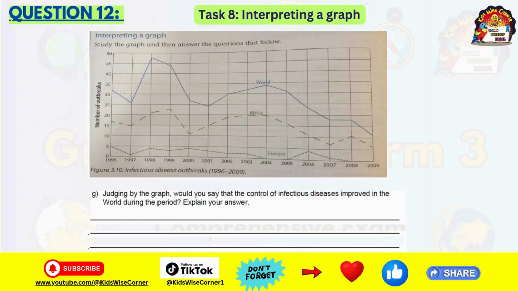Yes, the control of infectious diseases has improved, because the data shows fewer outbreaks worldwide.